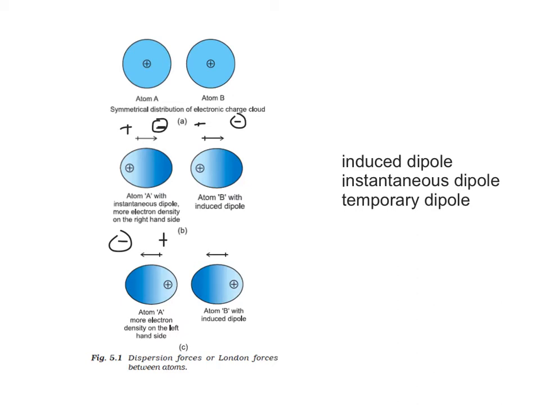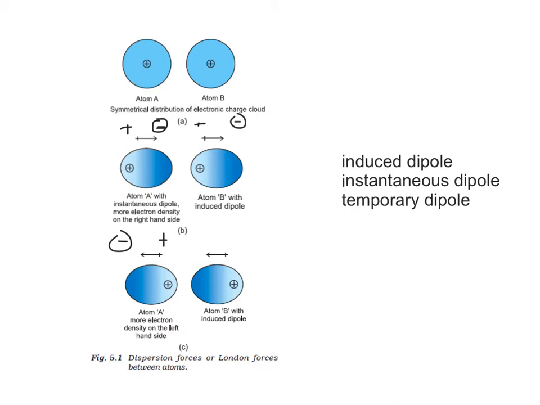It is very, very weak. It is very, very temporary. Again, the moment you restart time, they balance each other back out again. Everyone goes back to neutral, and you don't have any connection. It's these positive and negatives that are creating an attraction between the molecules themselves.